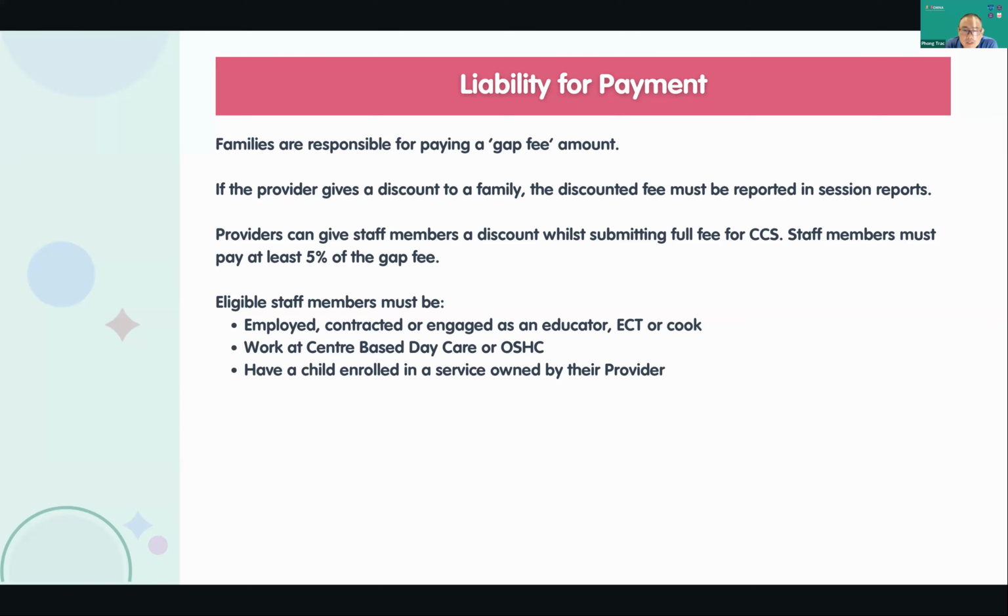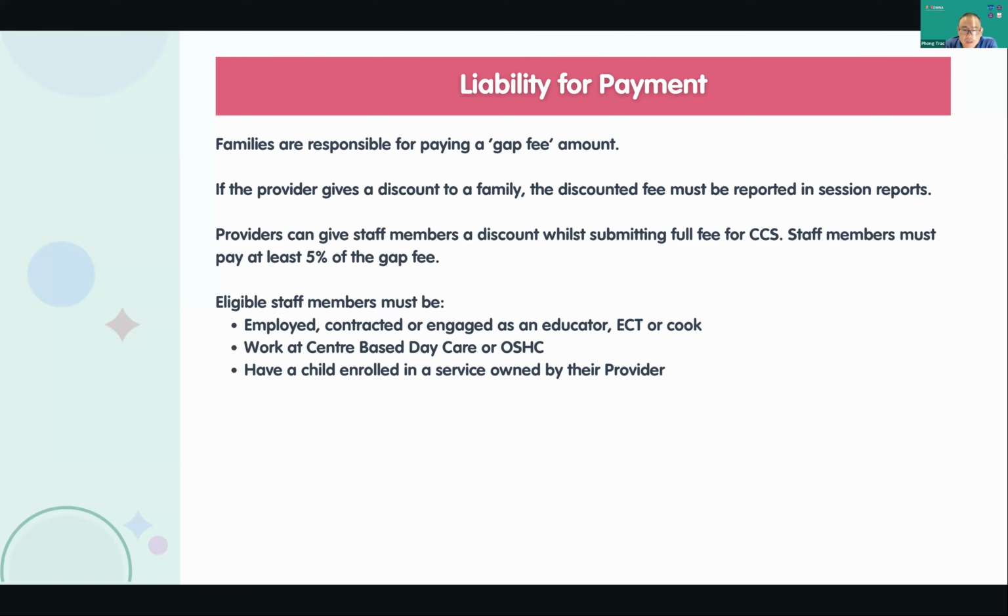But if your standard fee is $100 and you've said, hey, your child attends full-time, we're going to do your rate at $80, which is $20 off the standard daily fee, what you're required by family assistance law is to submit my session at $80 rather than the full fee of $100. So that's very clear in terms of the guidelines that CCS want you to follow there.